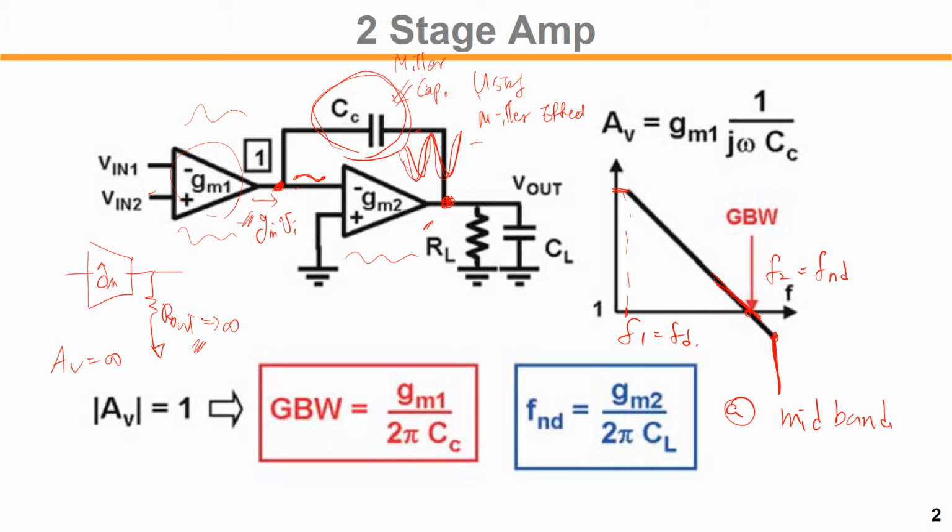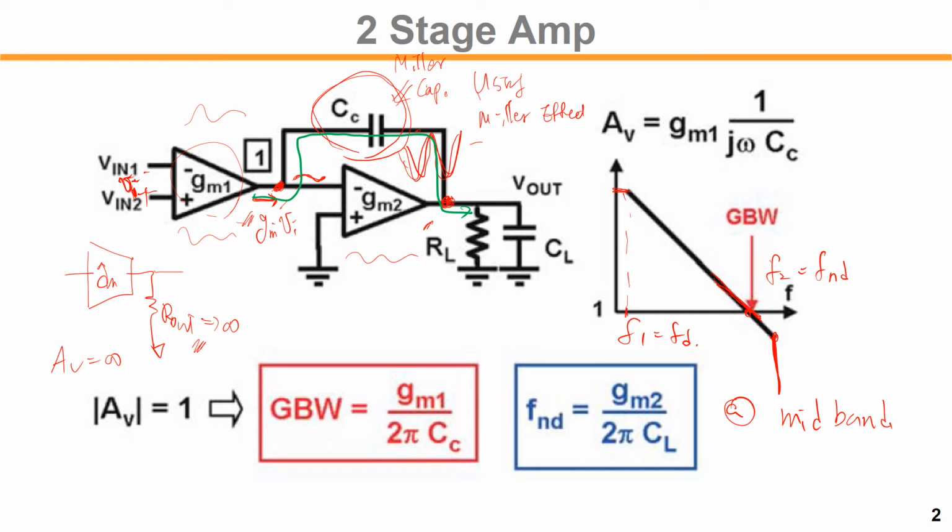With the positive on the bottom side, plus minus VI. The input current flows, and the only way this current can flow is through the CC.